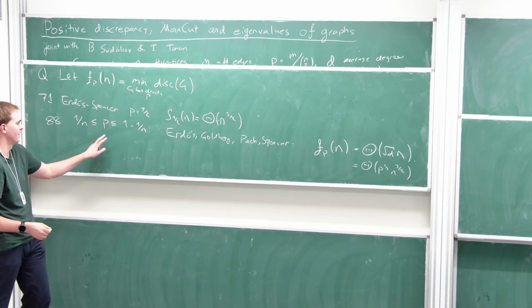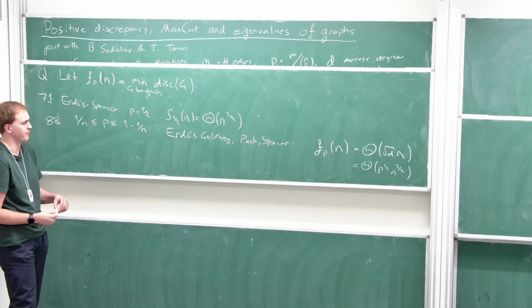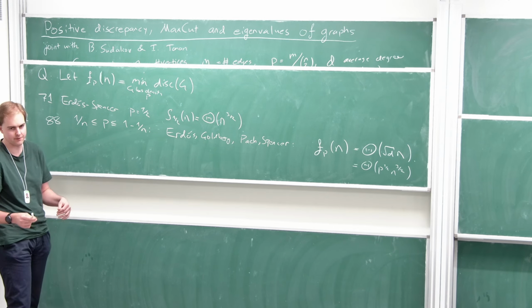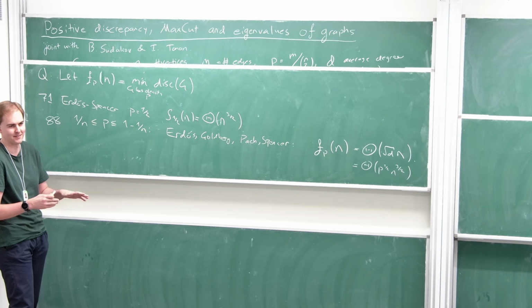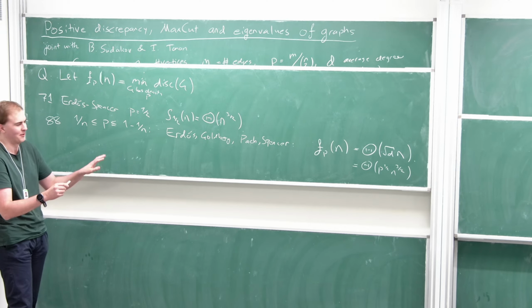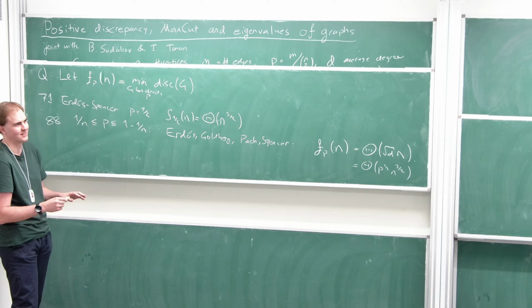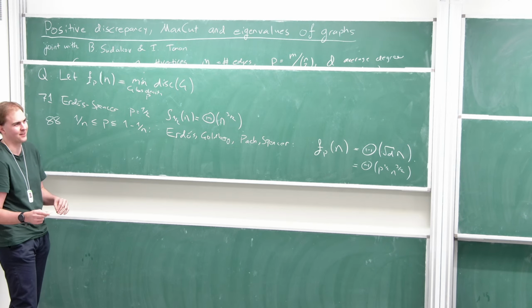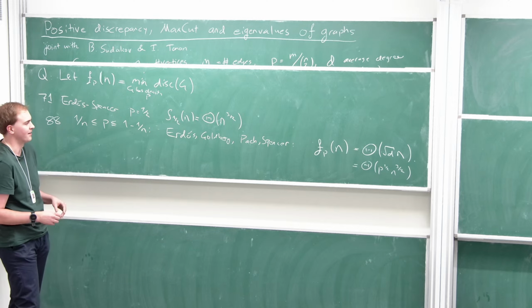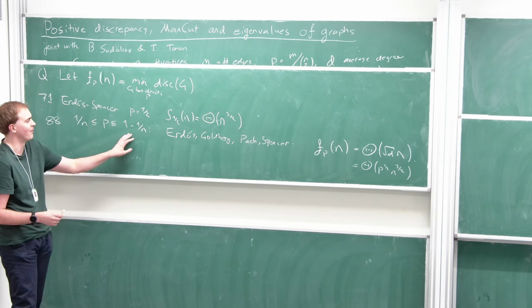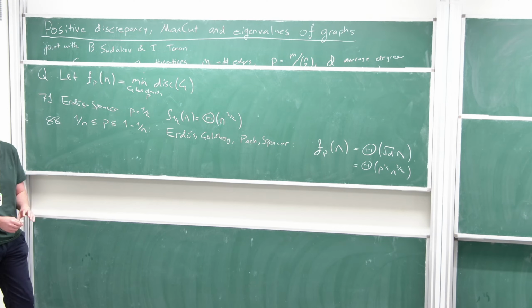These two conditions shouldn't be deemed too restrictive. If you think about graphs of density 1 over n, you're already hitting a trivial regime. You have only n edges here, so it's really very sparse graphs we are talking about. And here it's the same, as we are at a very dense regime. So they are uninteresting in some sense.